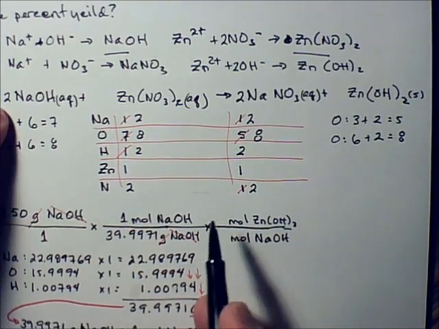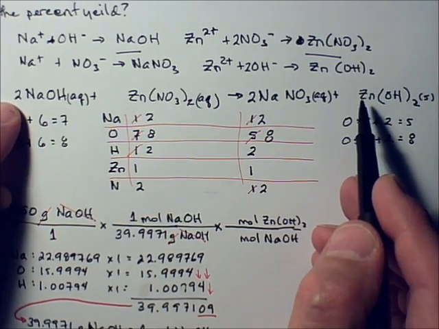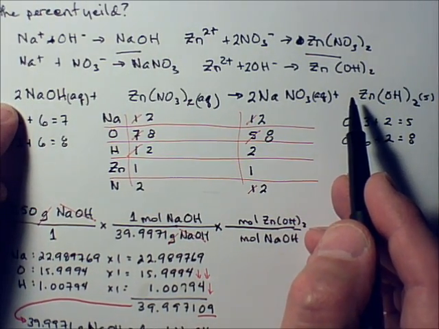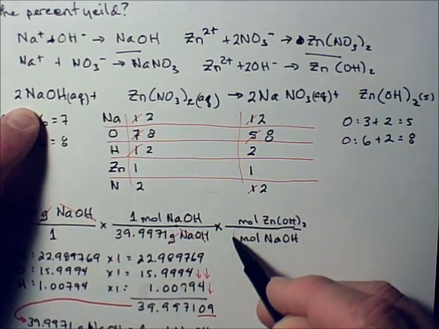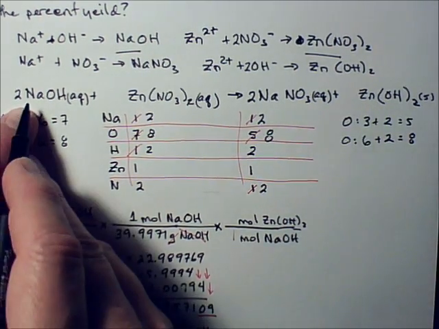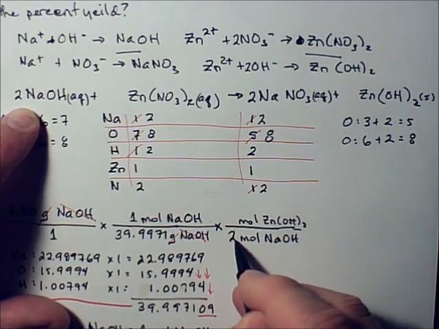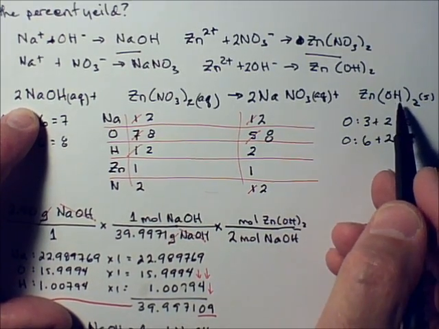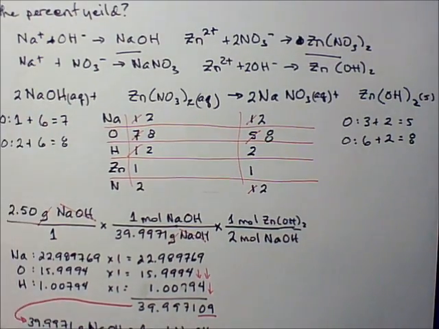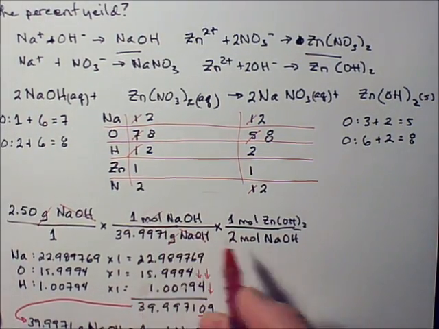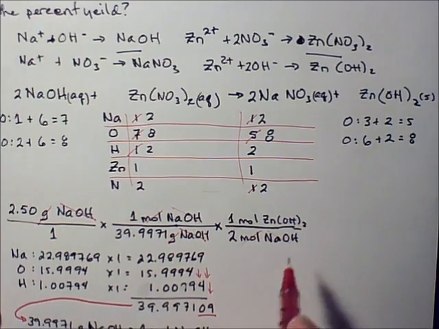And then I want to go to the balanced equation and find what numbers to put in front of that. The coefficients in front of these two species here tell us what numbers we're going to put here. Well, if I've got 2 moles of sodium hydroxide, I need 2 moles here. If I've got 1 zinc hydroxide, I need 1 mole here. And now I can cancel units and species again.